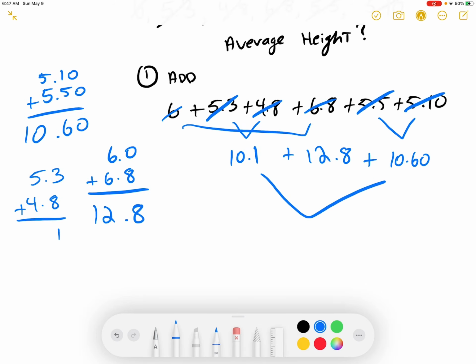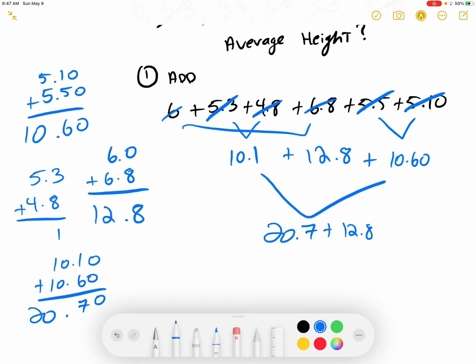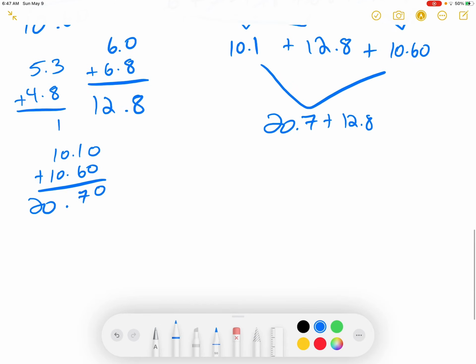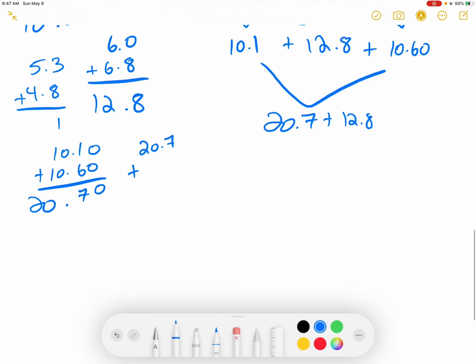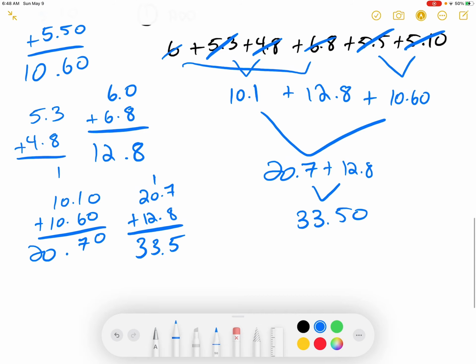Then we can do 10.1 plus 10.6. 1 plus 6 is 7, 10 plus 10 is 20, so that's 20.7 plus 12.8. 8 and 7 is 15, decimal down, 1 plus 2 is 3, 2 plus 1 is 3, it's going to be 33.5.